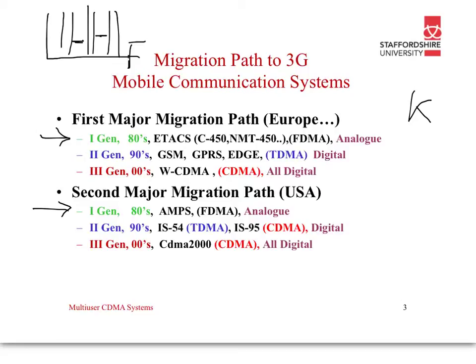So then we moved on to digital communications, which was the second generation, which occurred in the 1990s. This is when all the countries in Europe got together and developed the Global System for Mobile, or what we know as GSM. It is a TDMA system, so if this is the frequency axis and this is the time axis, what happened was we would split the channel up.